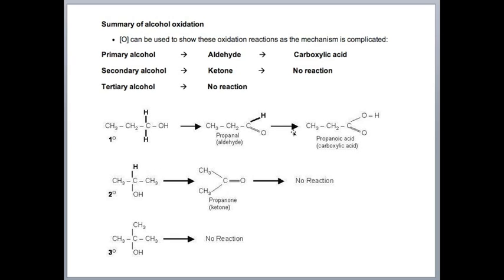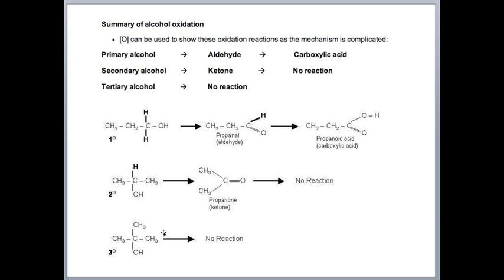If we leave it further, it will become propanoic acid, which is a carboxylic acid, and we know this is a carboxylic acid because we have the carbon-oxygen double bond, and also on the same carbon we have an OH group. For secondary alcohols, and this is a secondary alcohol because the carbon that carries the OH group has 2 methyl groups attached to it, when we oxidize it the product is a ketone, in this case propanone, and no further oxidation takes place.